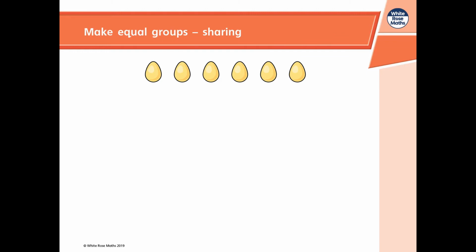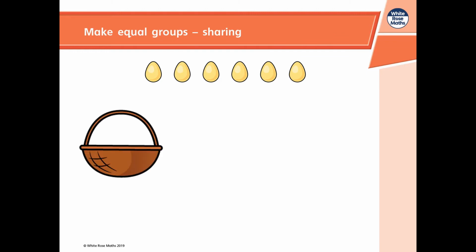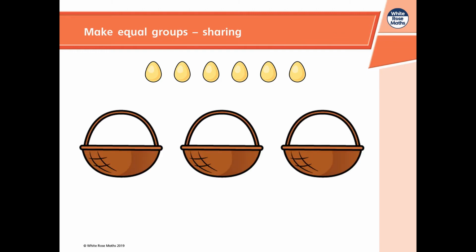How many eggs do we have here? Can you count them? We also have 3 baskets. If you counted 6 eggs altogether, you're correct. And if you guess that we're going to share those 6 eggs equally between those 3 baskets, you're also correct.